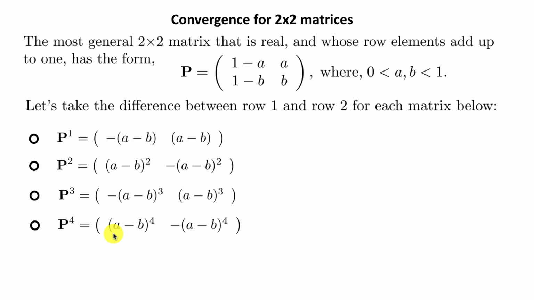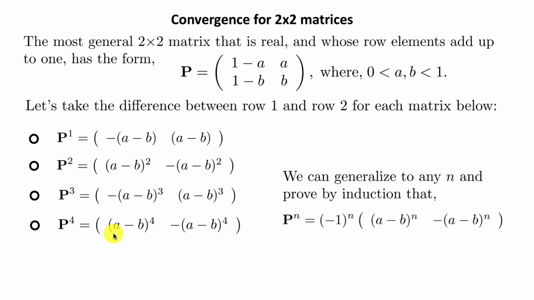So each time that I multiply the matrix by itself and take the difference between row 1 and row 2, I get something that is smaller and smaller. And now, actually, we can generalize this to any n and prove by induction that P to the n, if I take again the difference between row 1 and row 2, then I'll get (a minus b) to the n, and then the same thing here with a minus sign.